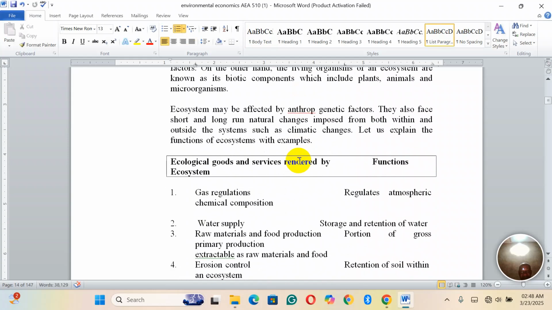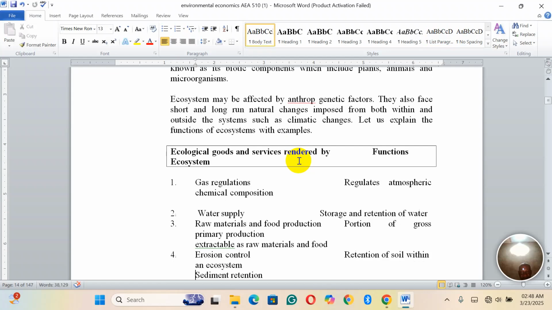So an ecosystem may be affected by anthropogenic factors. They face short and long run natural changes, imposed from both within and outside the system, such as climate changes. Let us examine the functions of an ecosystem.